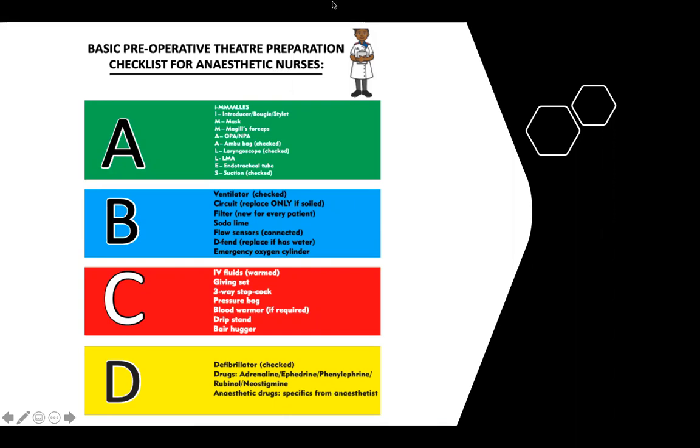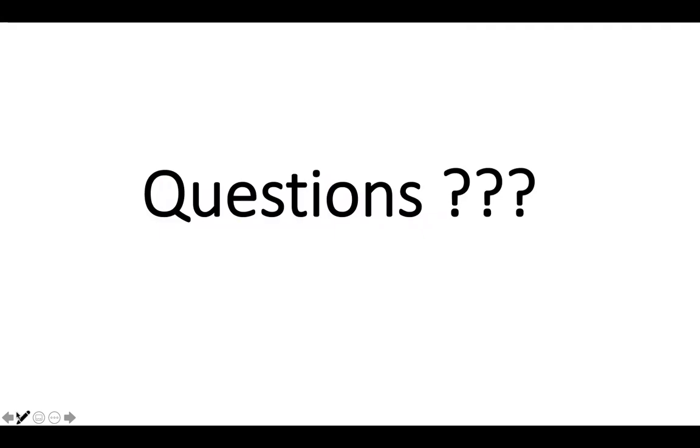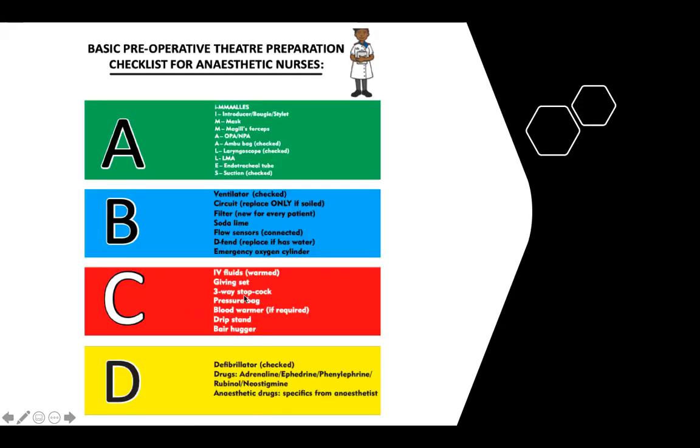I'm not sure if anybody has anything you want to add, something that we missed in the preparation that you do in your institution. So I assume it's clear. You're going to be very well prepared for your theaters in your district hospitals.